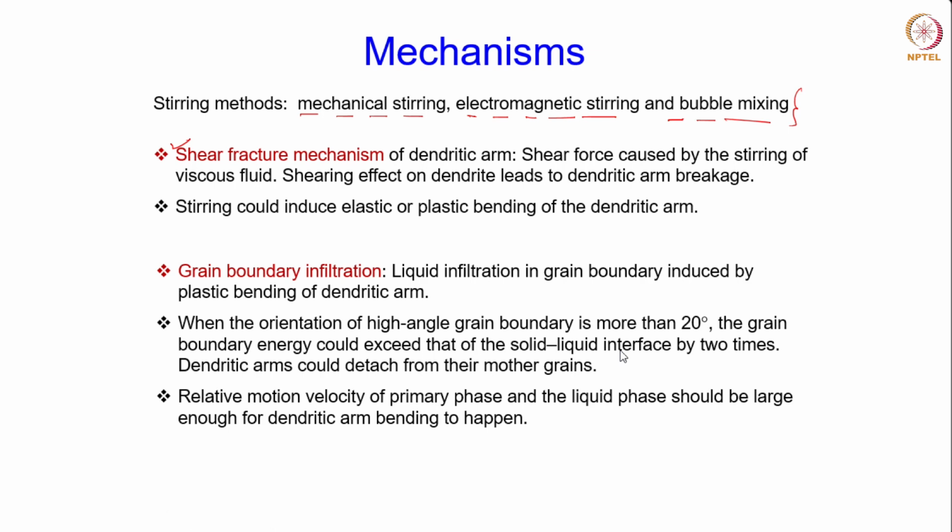Okay, so this penetration of the liquid into the grain boundaries will now detach the dendritic arms from the mother grains, and they will again fragment into smaller fragments and get dispersed into the liquid metal. Okay, so what I mean here, the penetration of the liquid into the grain boundary can be understood if you just have a look at this schematic over here, this diagram that I am going to draw.